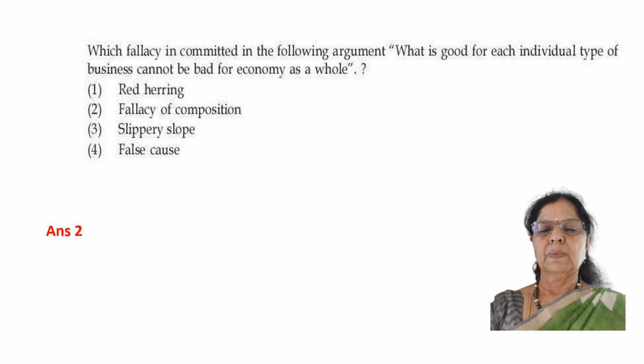Not always. Anyway, we got the right answer, which is the second one, fallacy of composition, but still we proceed to the third and fourth because you should see the other options also. And because now, especially in this discussion, you should know what the other types of fallacies are. So we are proceeding to the third one, which is slippery slope.